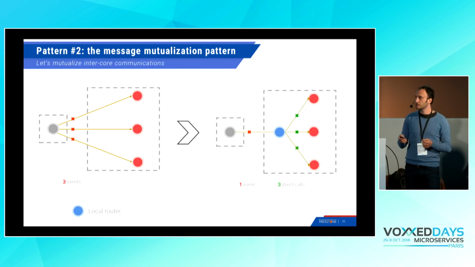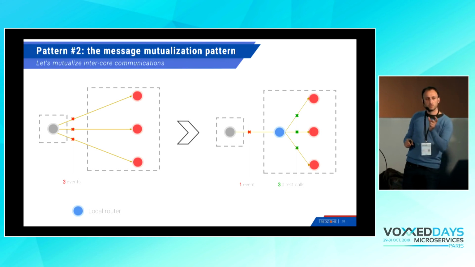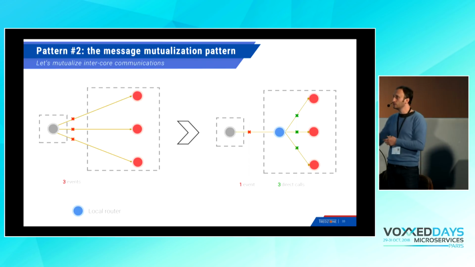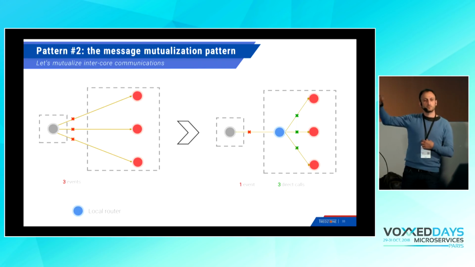So you would like to mutualize that and add a kind of proxy to take the data and distribute it inside the core. It seems that you have a contention point, but actually it's not, because you replace synchronization between cores with direct calls.